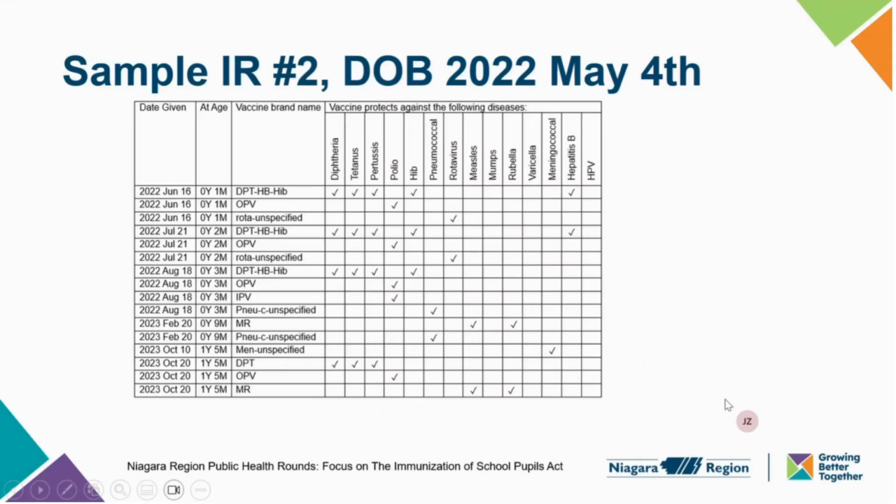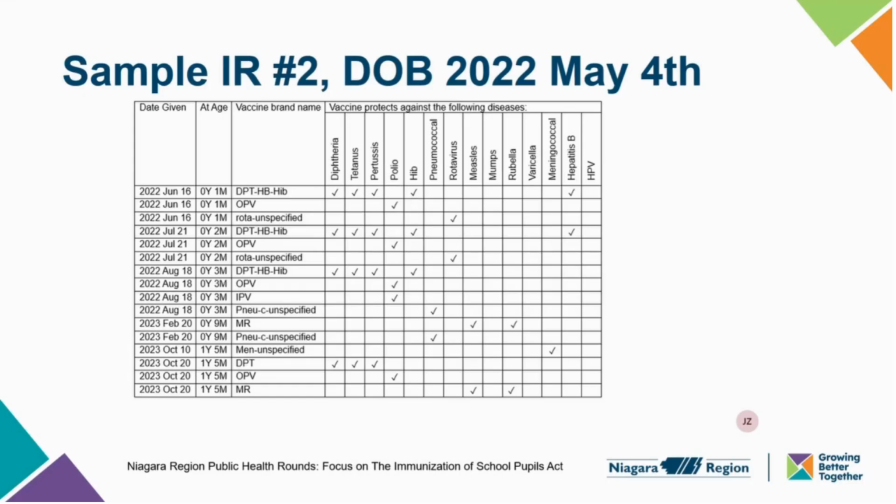This is though a situation where we are going to make available a quick reference guide and a quick reference chart for ISPA. But this is a clear-cut situation where the recommended number of doses will be more than the minimum that's needed for ISPA. And that's why it's always really important to look at the publicly funded schedule for the children in your practice.